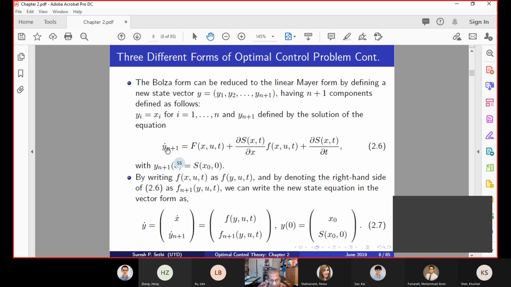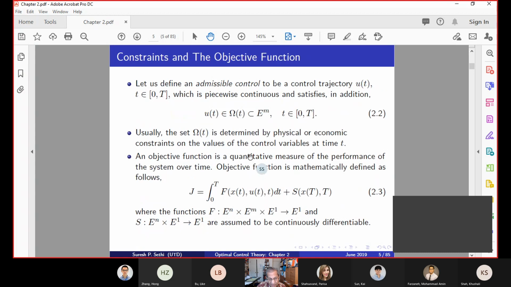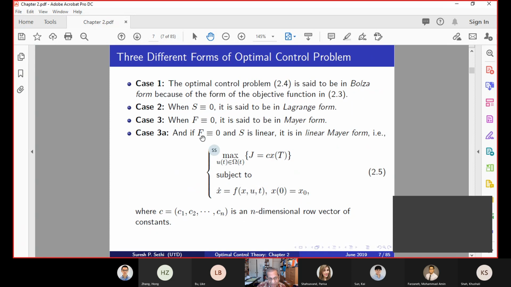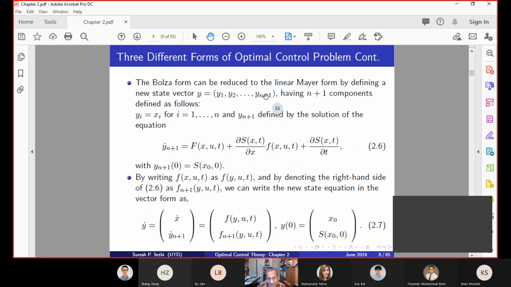Now I define y n plus 1 dot, because I have a new variable, so I have to define its equation. In order for me to define this form, I need the equation for every state variable. The state vector has y n plus 1 also, so I define the equation this way: y dot n plus 1 is f plus delta s delta x times f plus delta s times delta t.